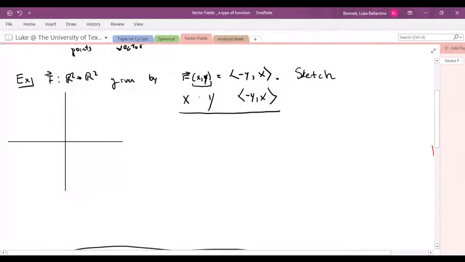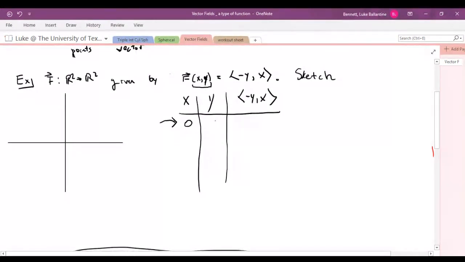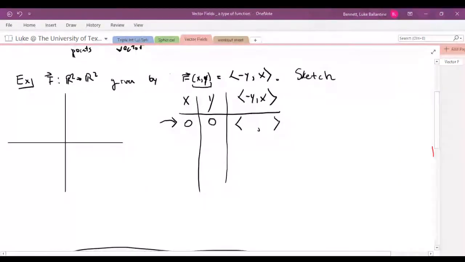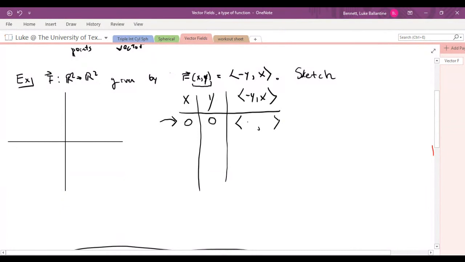It's a vector. So we choose all combinations for x and y, or just a lot of them, so you get a good picture. Start out with 0, 0. What is the output vector? Zero, 0. Negative 0, 0 turns into 0, 0.